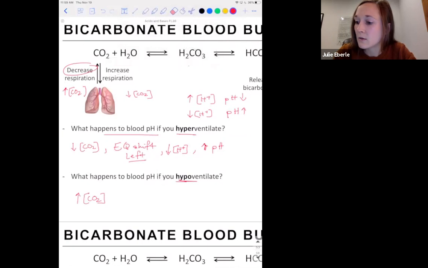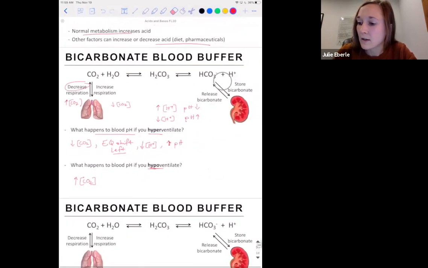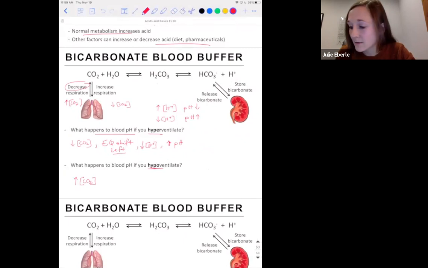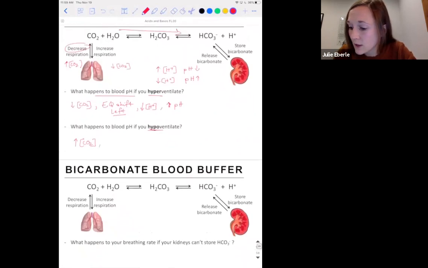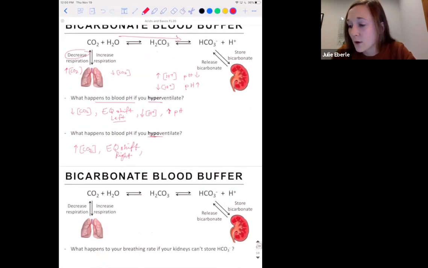Okay, now what's going to happen to equilibrium? According to Le Chatelier's principle, if we increase CO2, equilibrium will shift to the right. Yep, it will shift this way to use up some of that and restore equilibrium. What's that going to do to our products?